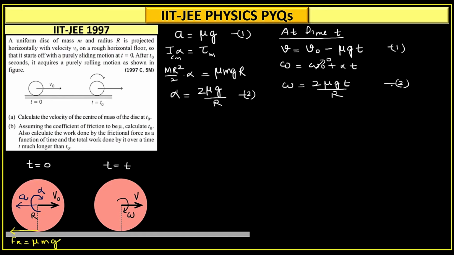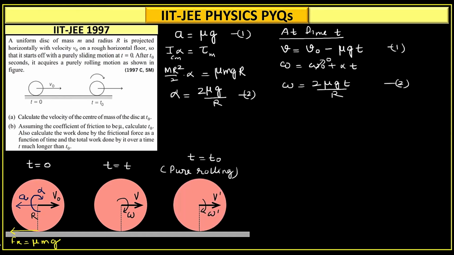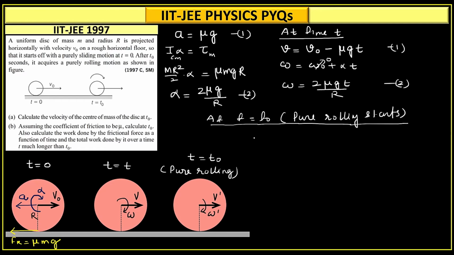Then there will come a moment, say at t equal to t naught, when this body starts doing pure rolling. Pure rolling means it starts rolling without slipping, and when that happens, the velocity will match the angular velocity, so velocity will be r times the angular velocity. So at t equal to t naught, pure rolling starts. Then v dash will become r omega dash, and we've got v as a function of time.